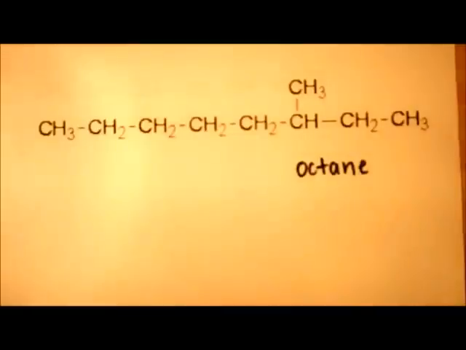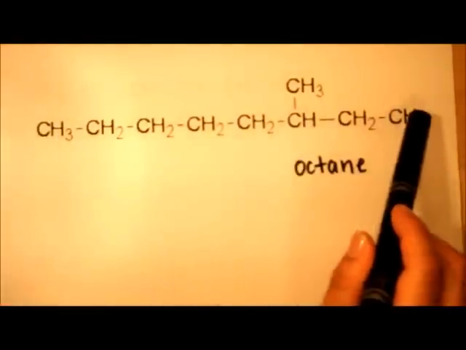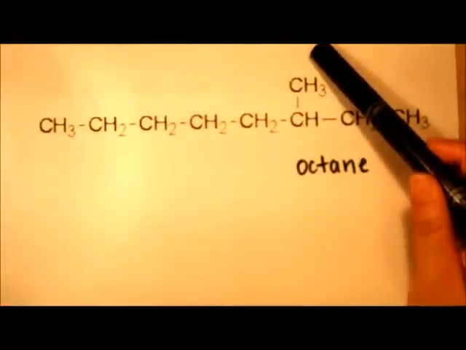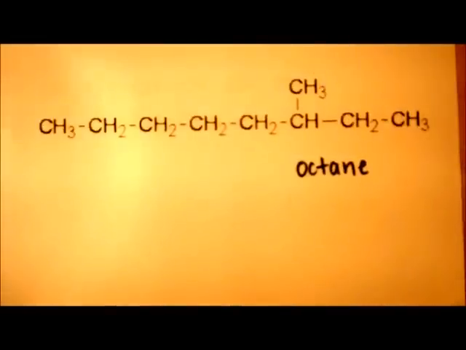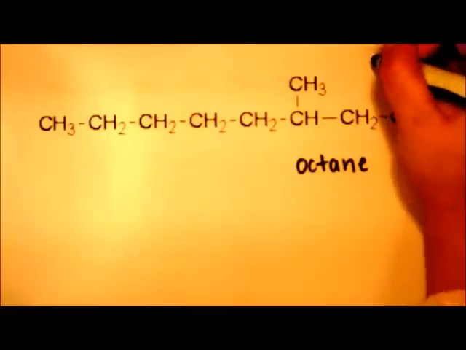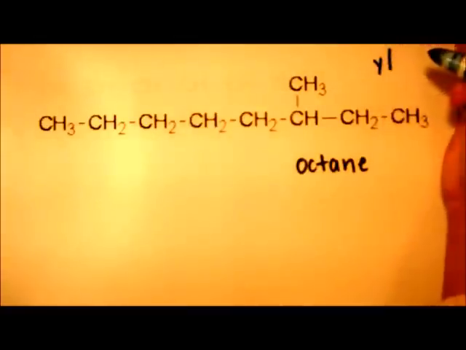So now that we know that our longest strand is called octane, we can deal with this branch here. Now, when naming branches, we know that they usually end, or they will end in YL.